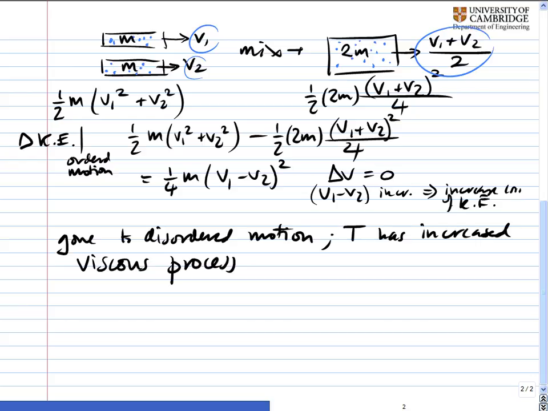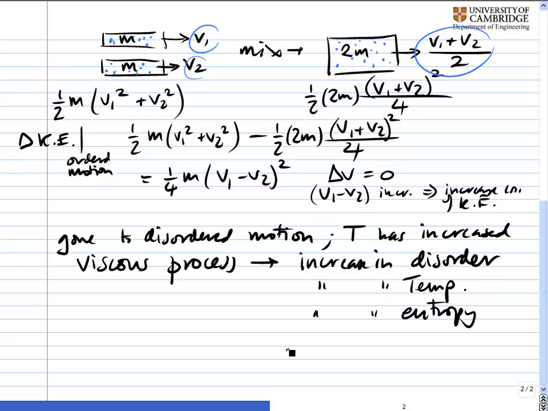In the continuum model we talk about that being a viscous process, which has led to an increase in disorder, or more specifically the energy of the disordered motion, and an increase in temperature. Now, a physicist would say that because the degree of disorder has increased, you've got an increase in entropy, and therefore it's irreversible.